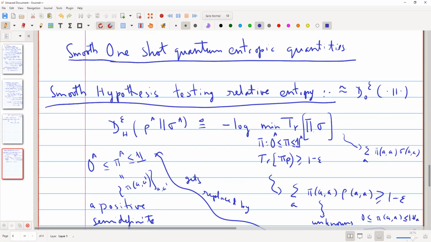So this means that trace of pi sigma is less than or equal to trace of sigma. This requires a little bit of proof, but for now, believe that pi is less than or equal to identity. And trace of sigma is 1, right?